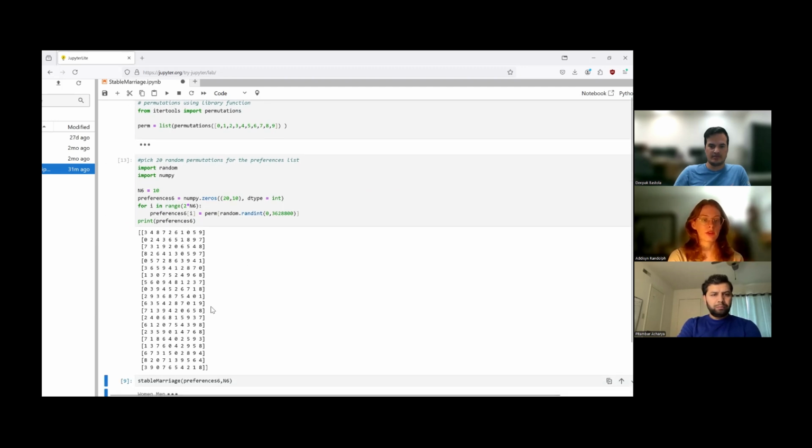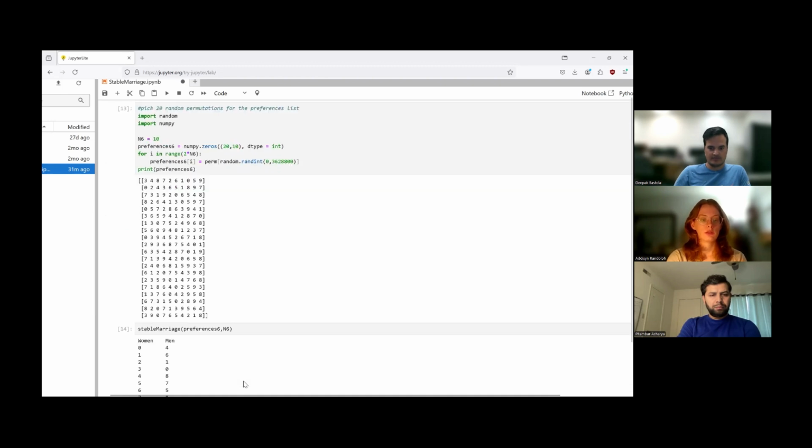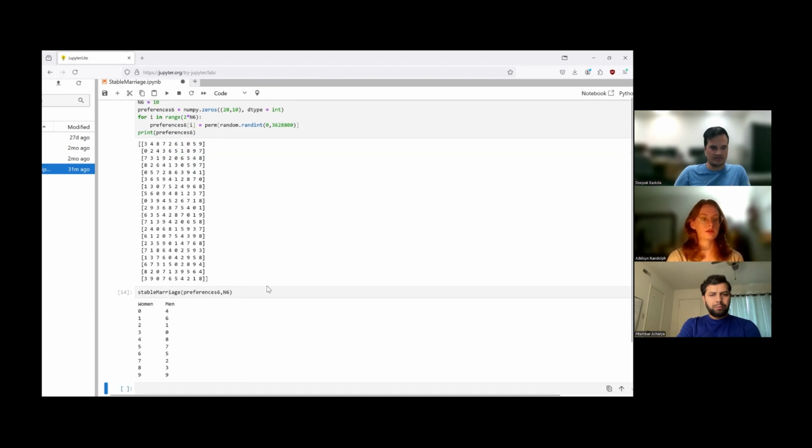These are all our preferences. The first 10 are the men's preferences, and I just generated random permutations. And the second 10 are the preferences for the women. And just to see that we can still get a stable marriage quickly, these are what we have matched here.